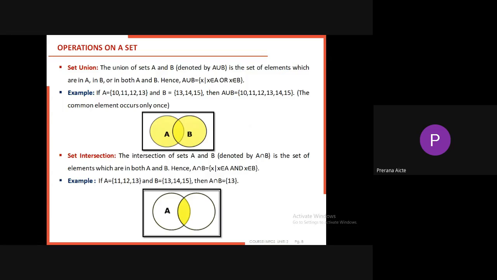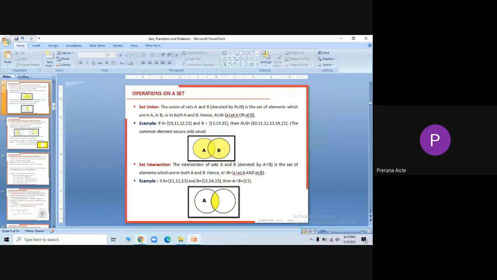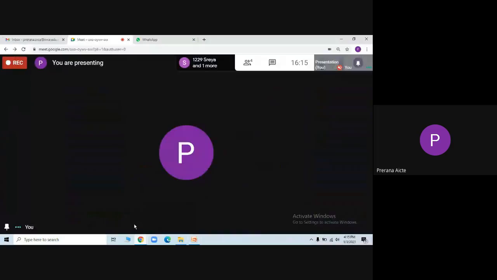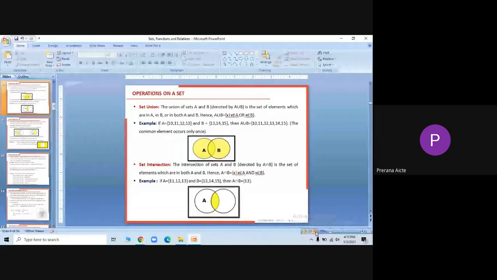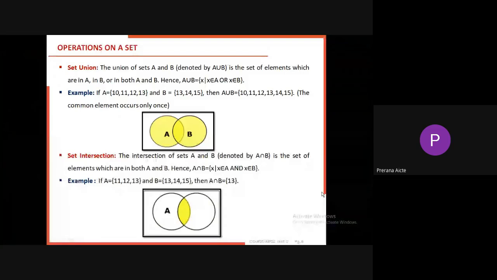Next, these are the operations on sets that are possible. Here we can do many operations on sets. Let us see the important operations that can be considered.